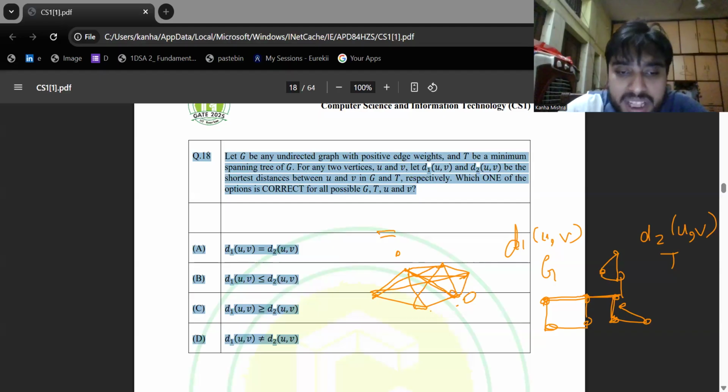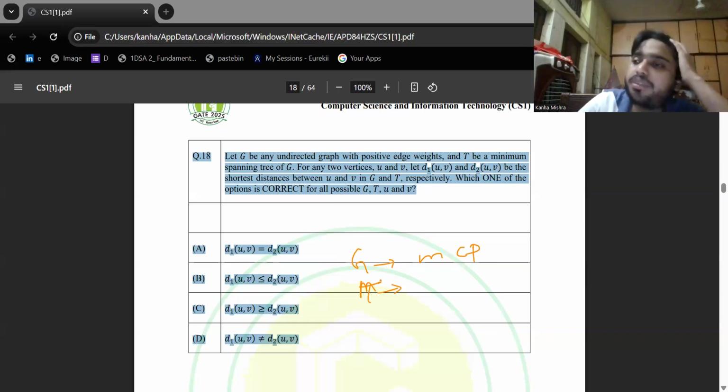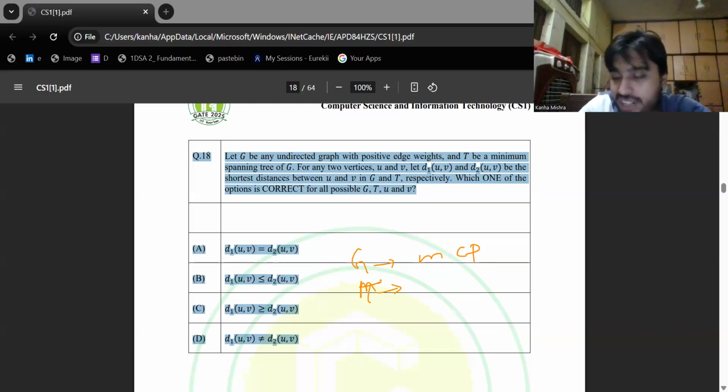Let's check option B. D1 of U, V is less than or equal to D2 of U, V. In the graph, we always pick the minimum cost path. In the MST, which is T, we are constrained to a specific subset of edges, the acyclic one. We don't have cycles in the MST, so it may or may not be optimal.